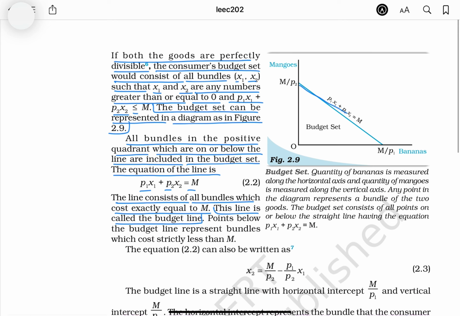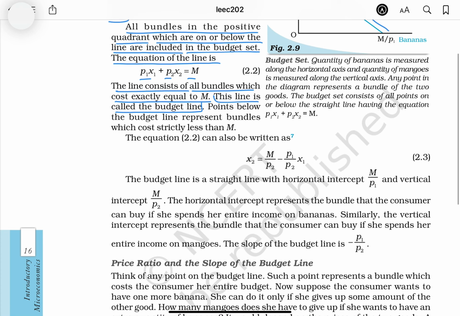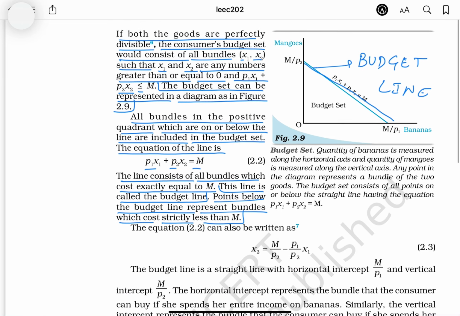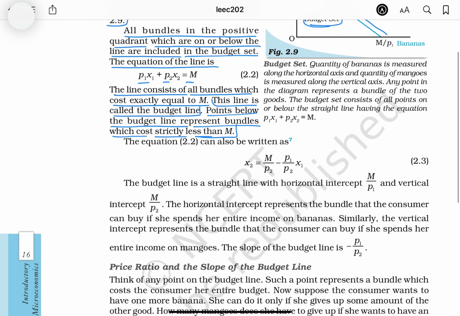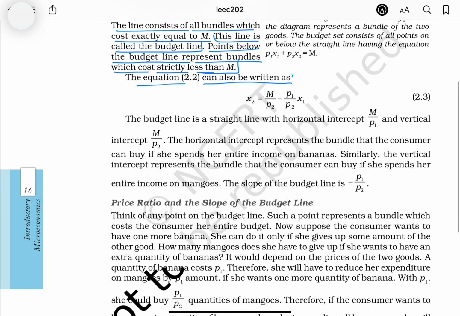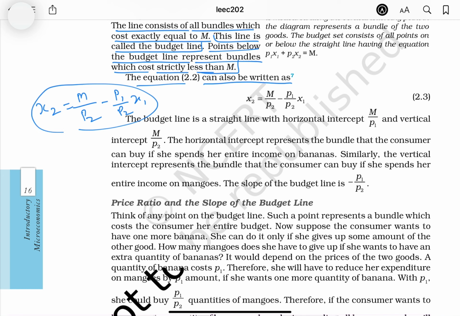This line is called the budget line. Points below the budget line represent bundles which cost strictly less than M. The ones below the budget line are in the budget set, and these we call less than M. The equation 2.2 can also be written as X2 is equal to M upon P2 minus P1 upon P2 multiplied by X1.